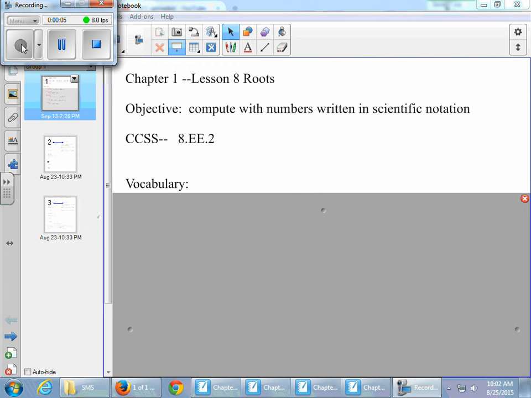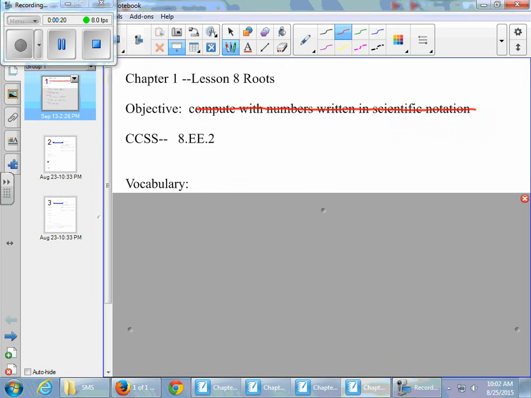Our learning target or objective for this lesson is to compute the numbers written in scientific notation, and that is not correct. We are going to cross that out. I need you to write our objective.